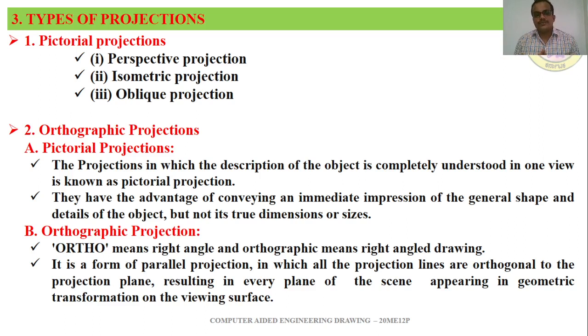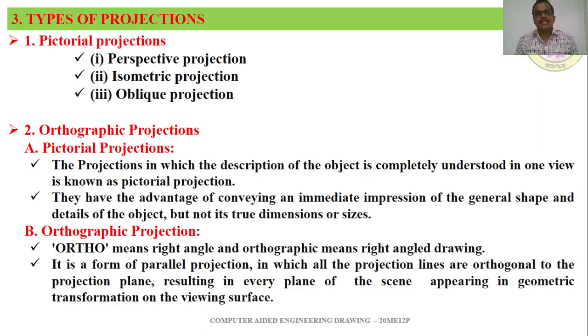Let us understand what is meant by pictorial projections. The projection in which the description of the object is completely understood in one view is known as a pictorial projection. In pictorial projections, we have only one view, like how we capture images with a digital camera.